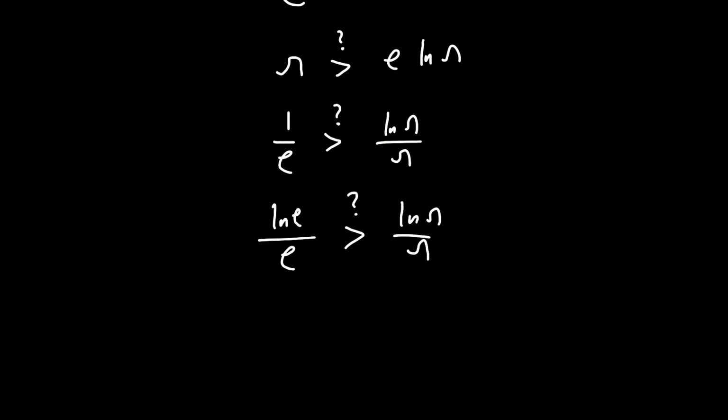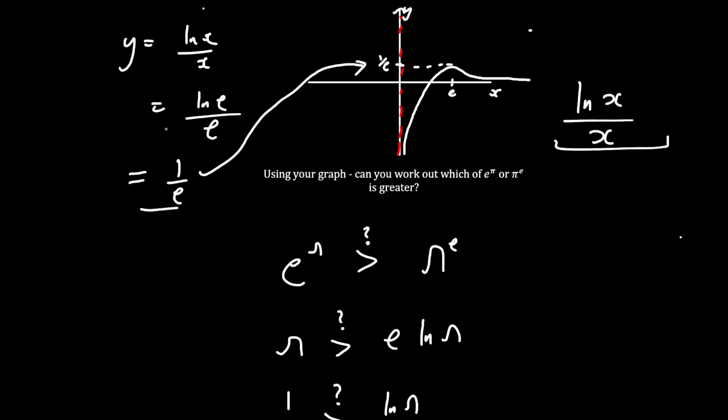Now, why is that? Well, it's a key part of our previous drawing, and I'll explain now. The curve y equals the natural log of x over x has a maximum when x equals e, and the function outputs a maximum of 1 over e. That means if we put in x equals pi, the function has to be smaller than where the function was at x equals e, simply due to the fact that the function has a maximum at e.